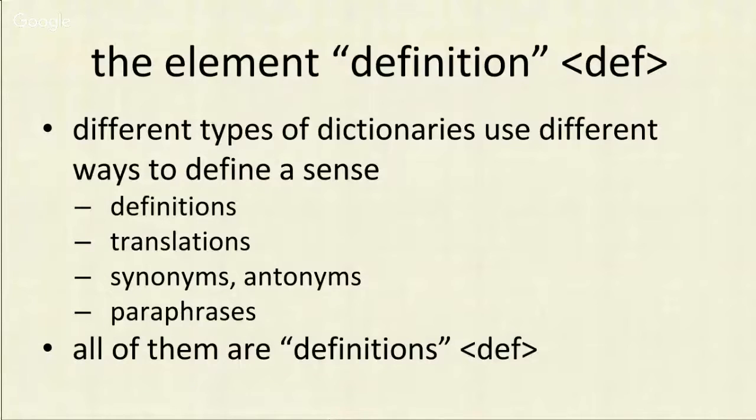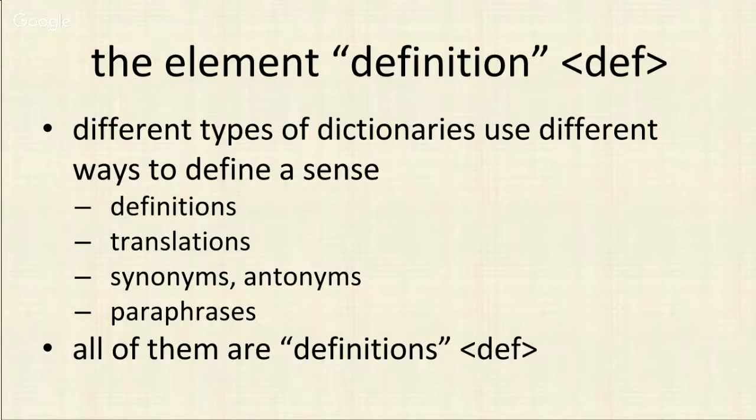If we have an etymological dictionary, you understand that we will have different kinds of information. If we have a dictionary of synonyms, we will have a different way to define the meaning of a word. If we have a bilingual dictionary, perhaps we have a translation, or in a monolingual dictionary a definition or a paraphrase.